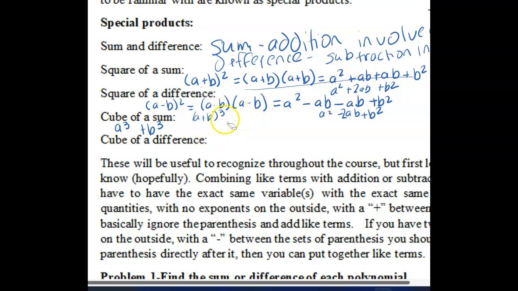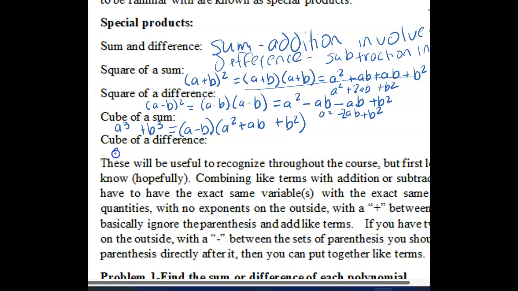So let me show you something different, which is that cube of the sum. I'm going to go ahead and show you guys how this factors, which is going to be a minus b times the quantity of a squared plus ab plus b squared. Alright, and then we're going to look at a cube of a difference.